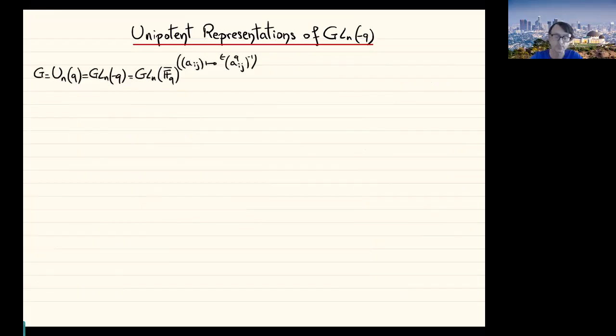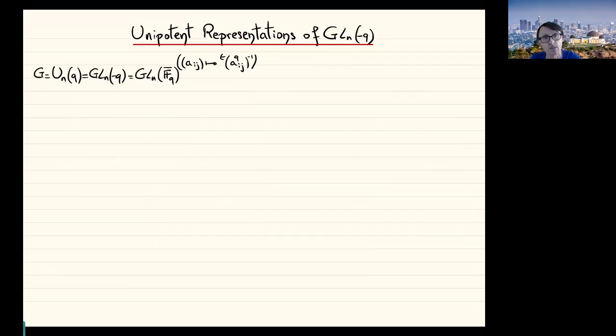And first, one of the first cases one would typically want to deal with after GL_n(q) is the unitary group. There is a version of unitary groups over finite fields where, instead of taking n by n matrices over F_q bar, which have coefficients invariant under raising to the q's power, you look at matrices such that if you take the transpose inverse of that matrix raised to the q's power, you get your matrix back.